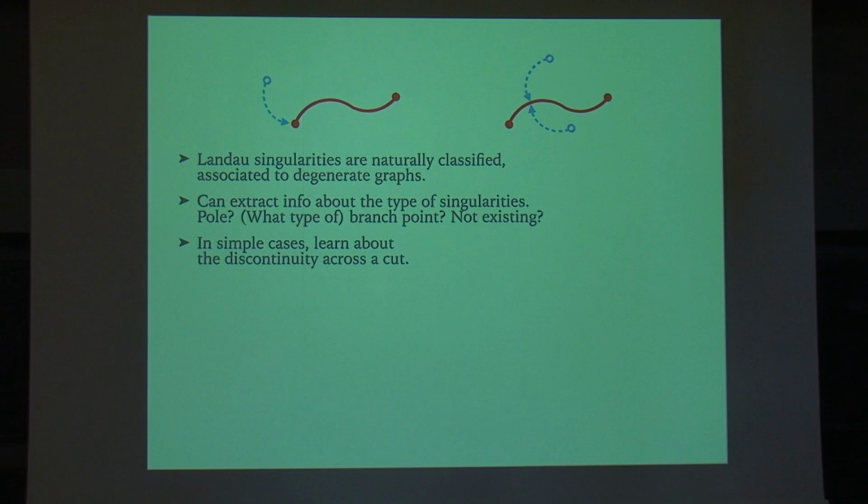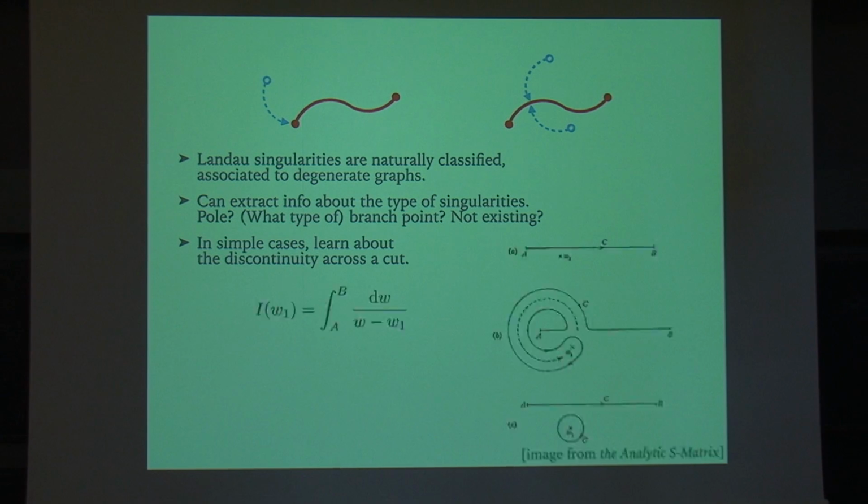Also, in some simple cases, once we know there's a branch point and we go across a branch cut attached to it, we can try to work out what the discontinuity is when we go across this cut.